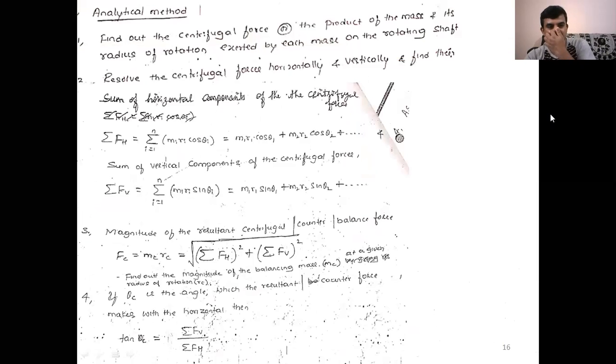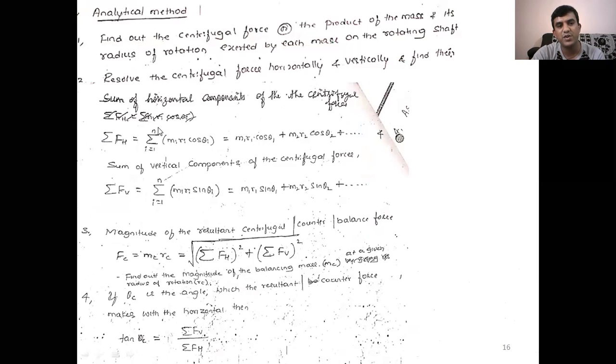Now we go for the vector sum of all the forces acting in the horizontal direction, for all the masses m1, m2, m3, m4 up to mn; you can take n number of masses. How do you get the vector sum of all the horizontal forces? It is the summation of i varying from 1 to n of mi ri cos theta i.